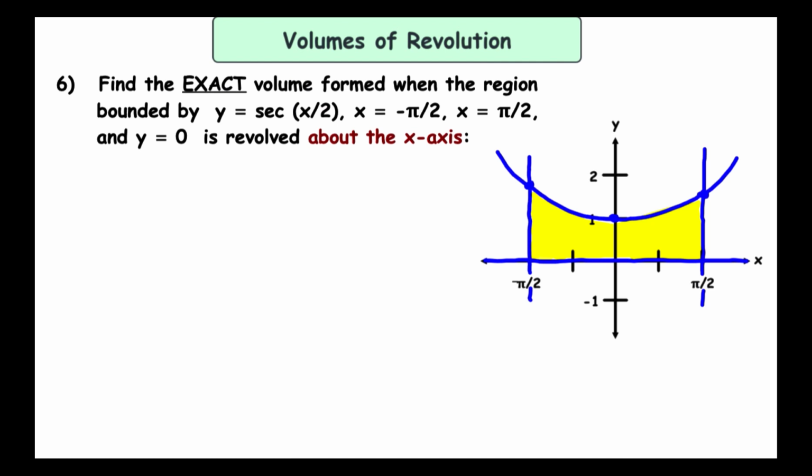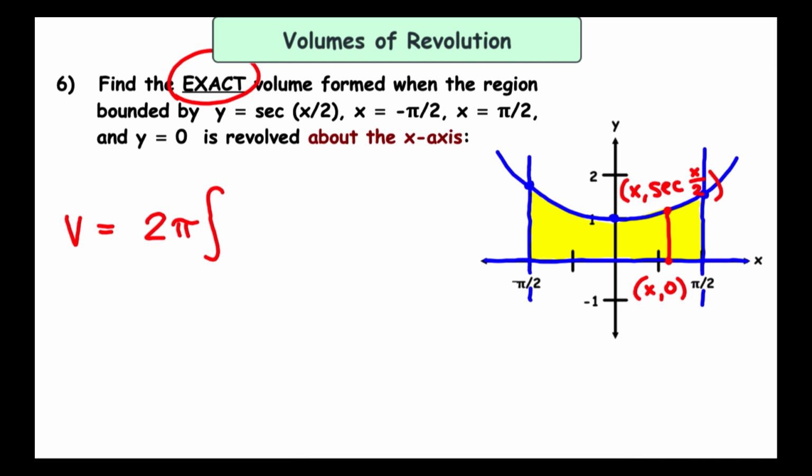All right, we're going around the x-axis. I hope by now you can tell that this is disk method. So the volume is going to be pi r squared. I'm going to throw a 2 in there. I'm going to use symmetry, 2 pi. Since I need an exact answer, I'm going by hand. So instead of starting at negative pi over 2, I'm starting at 0, much easier.